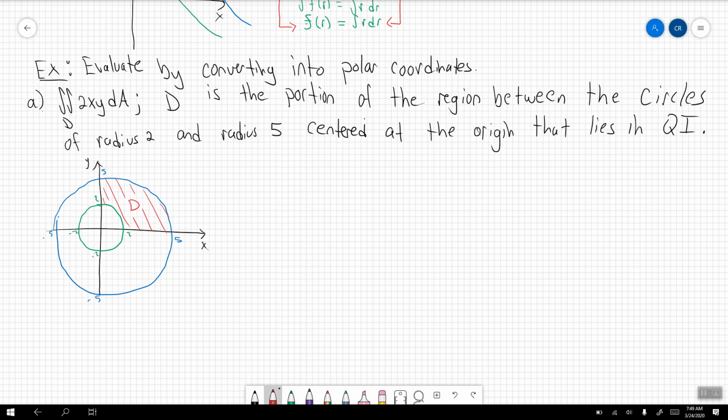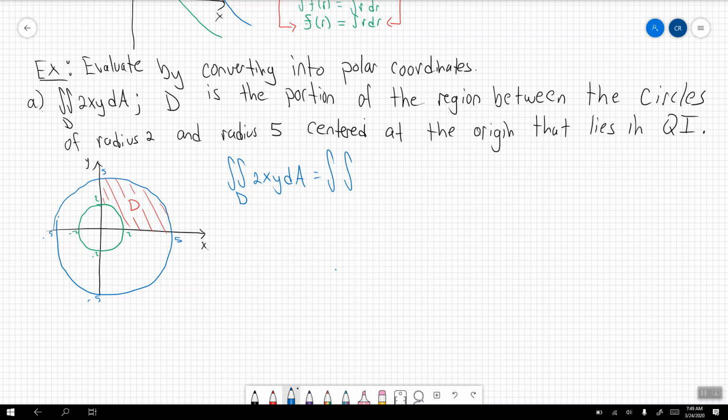So let's see if we can go through and set this up. The double integral over some domain for 2xy with respect to the area. All right, we're going to have to go through the radii first. So the radii is going to be the innermost integral.